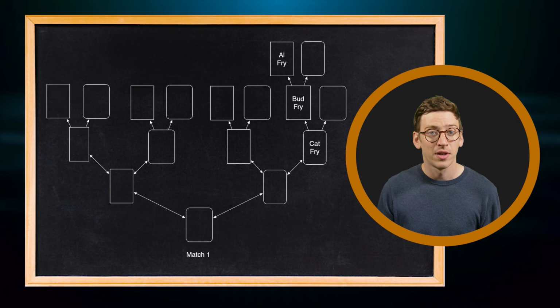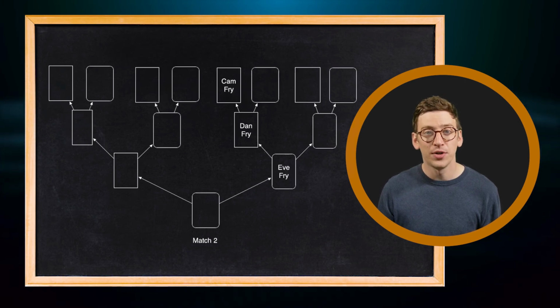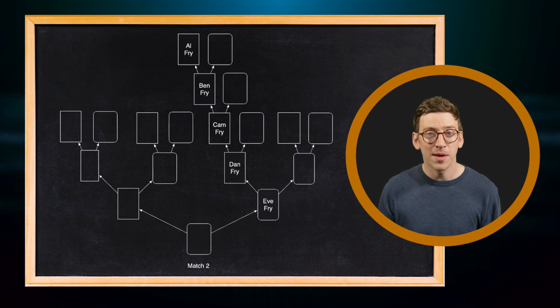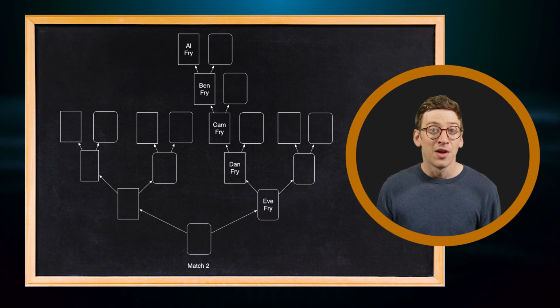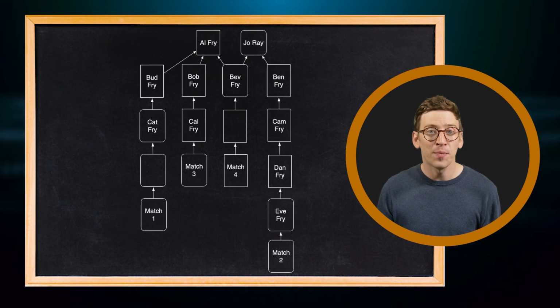Sure enough, Bud's father is Al Fry. And next I build out match 2, and Cam's father is Ben Fry, whose father is Al Fry. So that means that all 4 of these matches descend from Al Fry and his wife, Jo Ray. From there, we can map out how all 4 matches are related to Al and Jo.